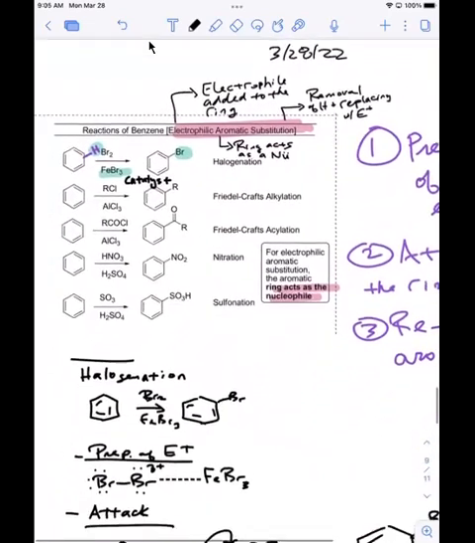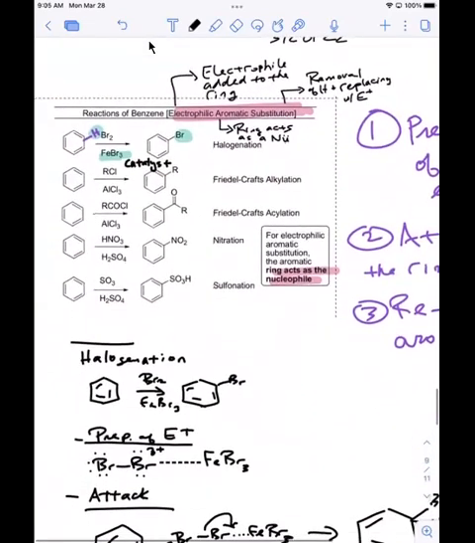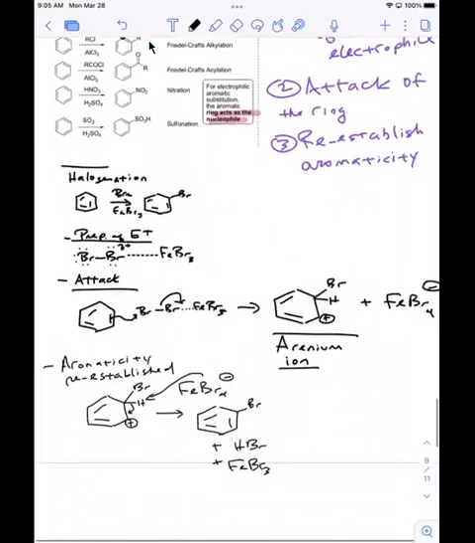So when you hear that phrase, electrophilic aromatic substitution, that's what we're talking about on the ring. The ring is the nucleophile, the electrophile is external, and the substitution part is where the hydrogen gets swapped out.